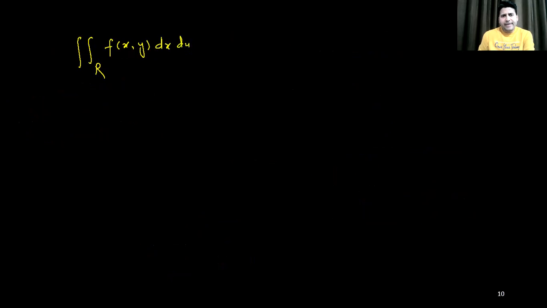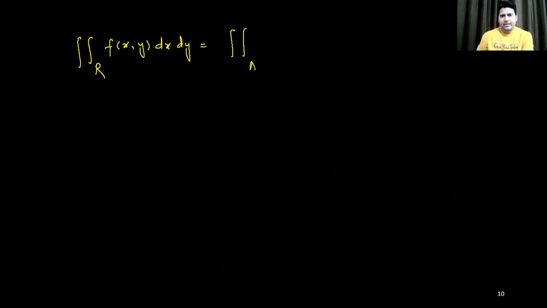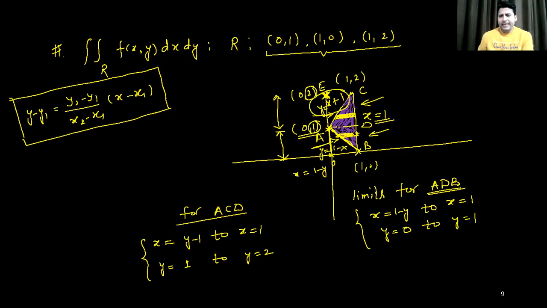I am dividing the whole integral into two regions. The total region is ABC. I am first writing the total region ABC, f of x comma y dx dy. Now break it according to the strips that I took.